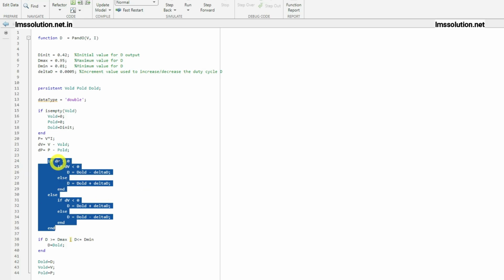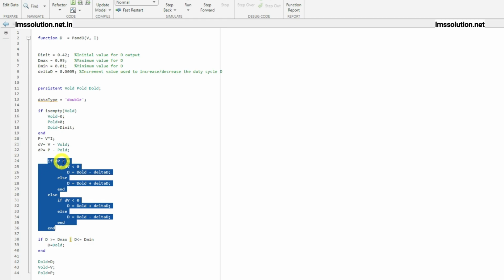Here we are checking the power sign. If it is less than 0, that is negative, and also you are checking the voltage sign. If that sign is also negative, then we need to decrement the duty cycle, otherwise we need to increment the duty cycle.